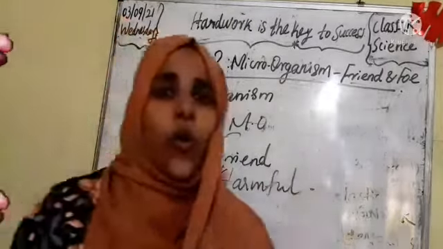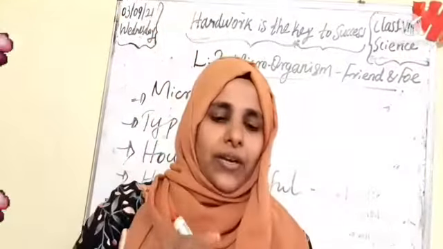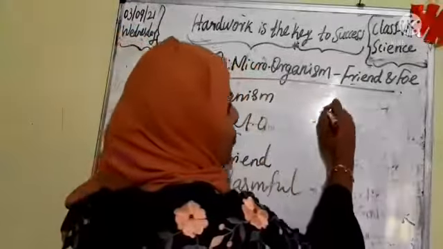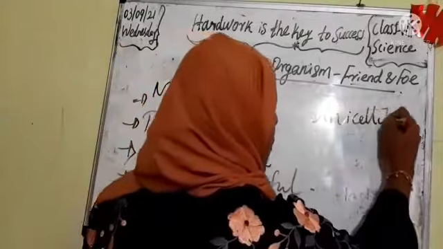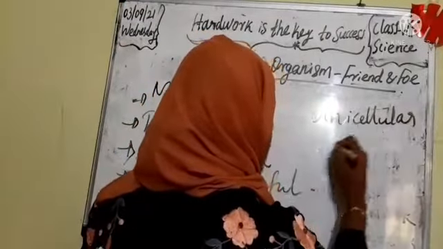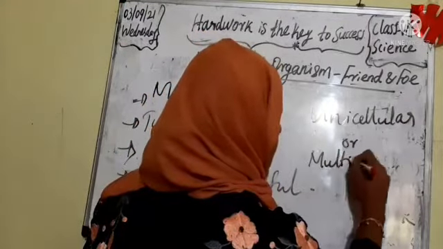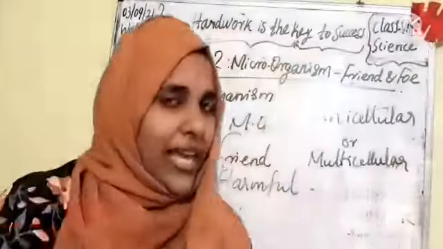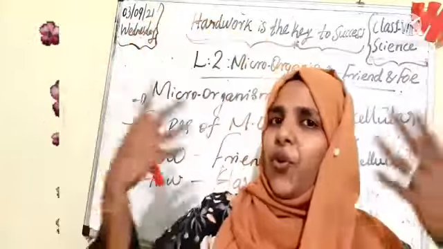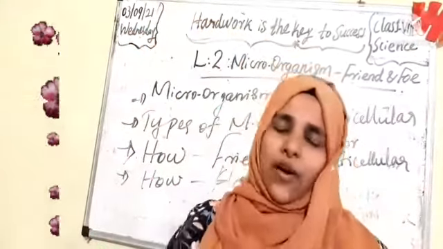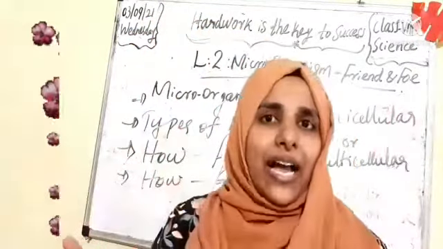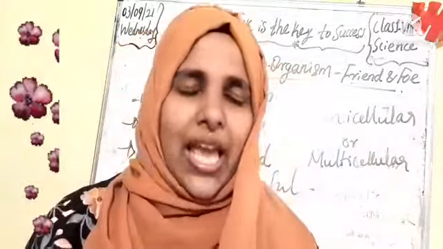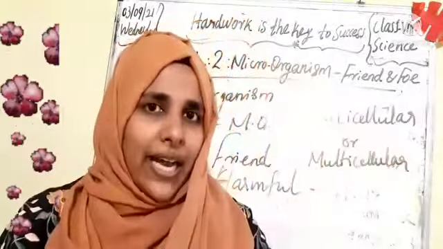So now we all know what microorganisms are. Microorganisms may be unicellular, or we can say they may be multicellular. We all know that human beings are multicellular organisms. But some organisms we cannot see through our naked eyes, that is micro, small organisms.